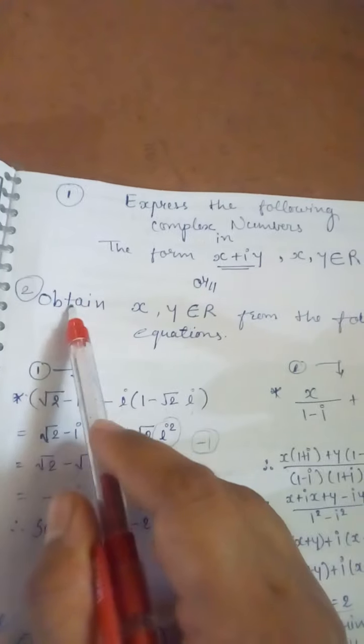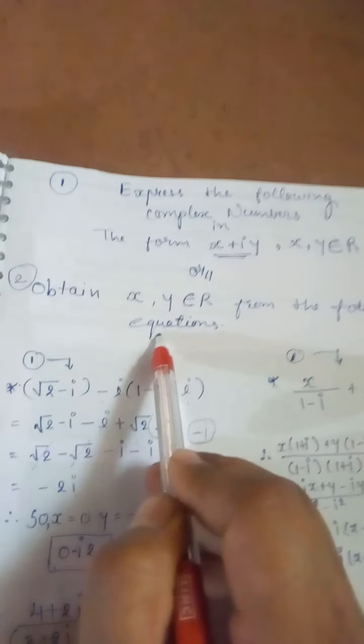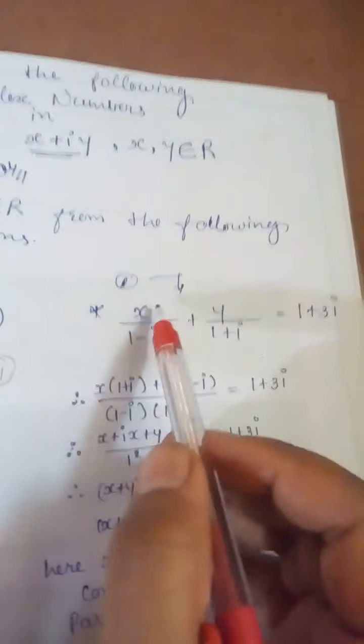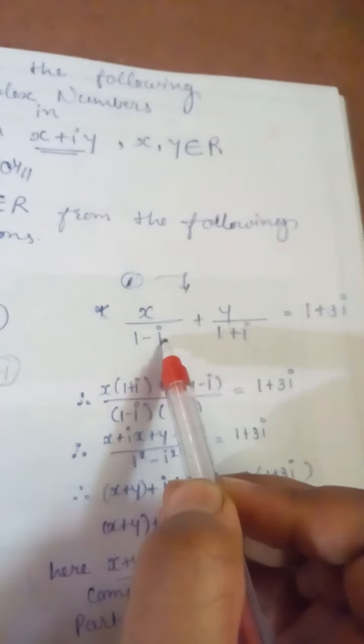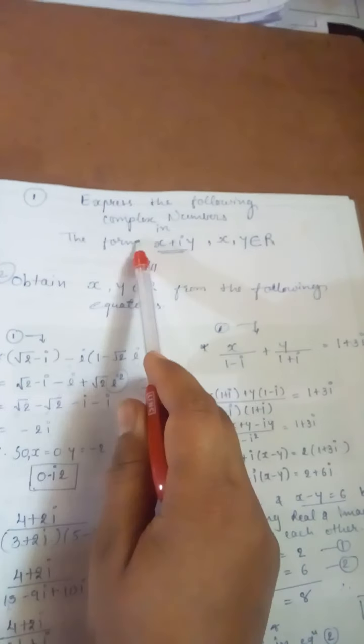Now if we understood that, then the second question type is: obtain x, y from the given equation. If such a question is in an examination, you will see it is the same as what we have learned in the first type of question.